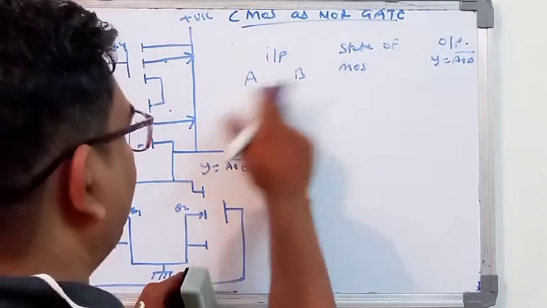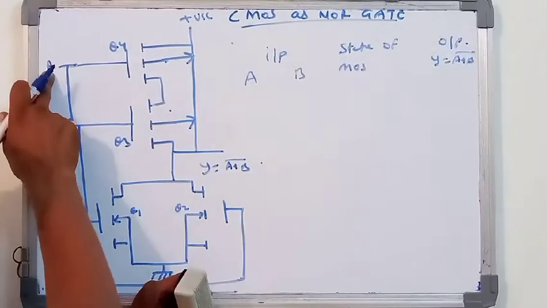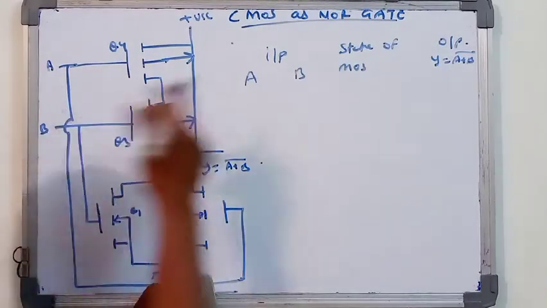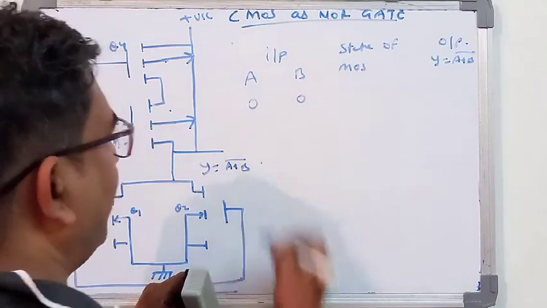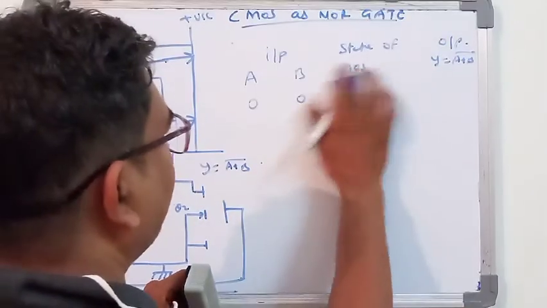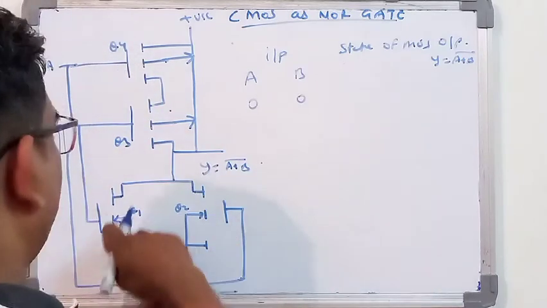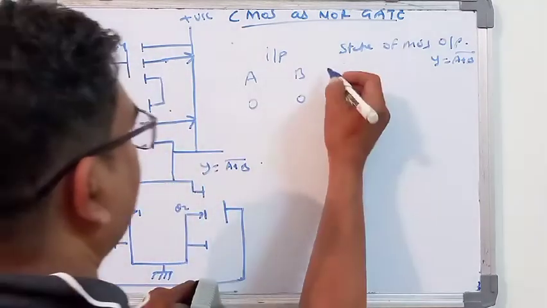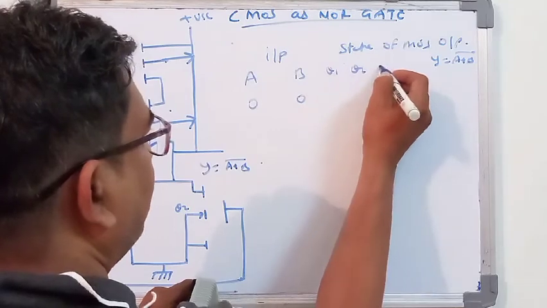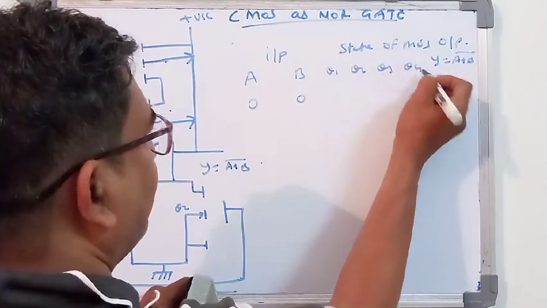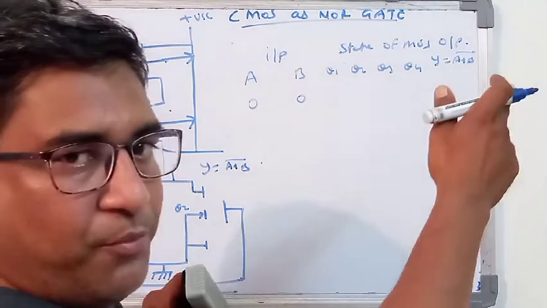Okay students, for the first input, if the A value is 0 and B value is 0, what will be the condition for Q1, Q2, Q3 and Q4, and what will be the output?